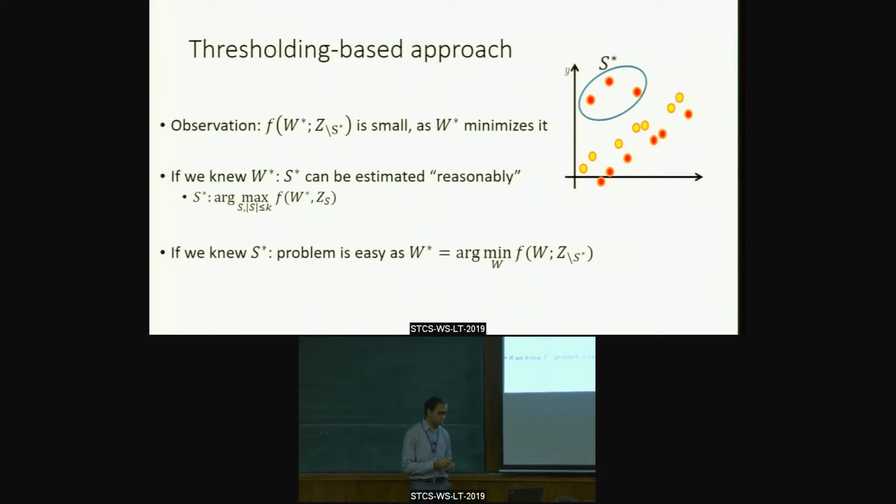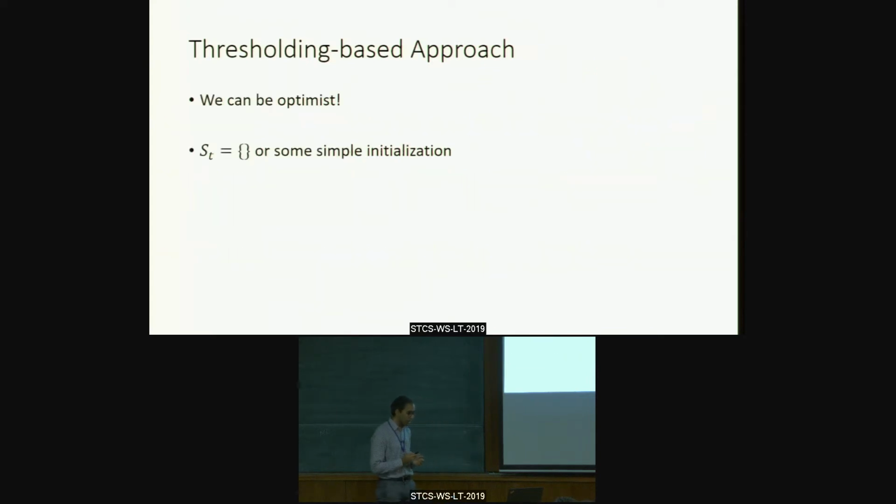In fact, that's the main issue. So we have a chicken and egg problem, but there is a very simple solution to it, which is to be optimistic. We will start with a very simple initialization. Let's say initially we say that we don't have any outliers at all. We will train a model based on our current estimate of inliers. That gives us a current estimate of the true model.